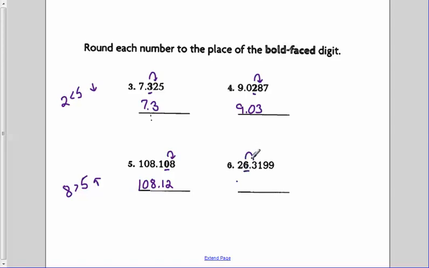So we look to the digit to the right. Even though it's a decimal and the 6 is our whole number, we have to round. The same rule applies. So we would say this would be 26, and I could put all the zeros there, or it's just 26. All those trailing zeros do not change the value of the number. So I would just really want to write it as 26.